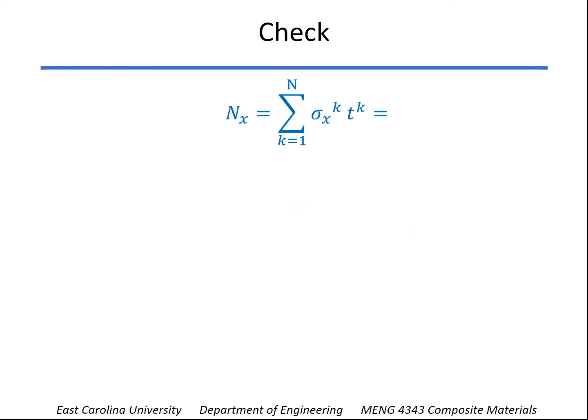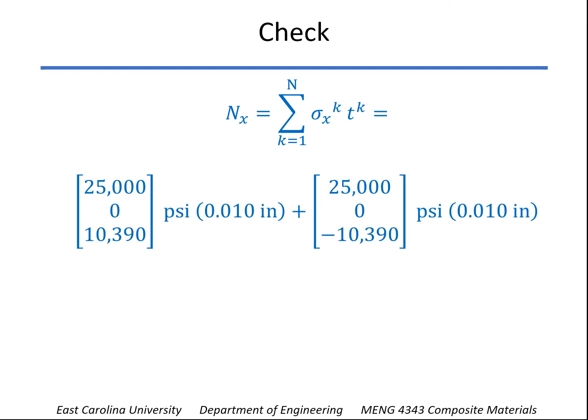And we can do a quick check here, because remember our definition for the stress resultant. It is the resultant of the stresses in the x direction. So if we take the stress in each layer, multiply by its thickness, and then sum those, then that is by definition the value of the stress resultant. So in this case, we've got all three of the stresses times 10 thousandths of an inch for each layer.